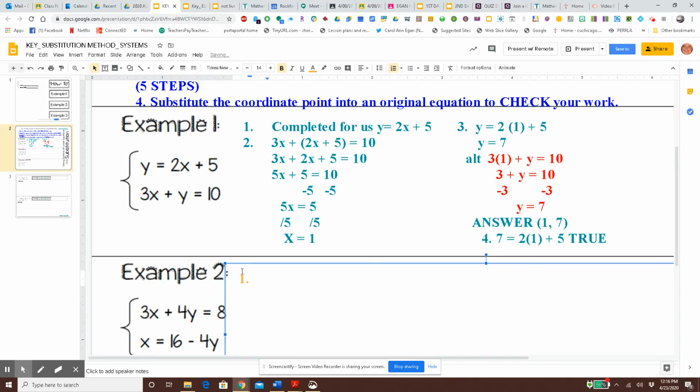So step 1 is completed for us. We know because x equals 16 minus 4y.